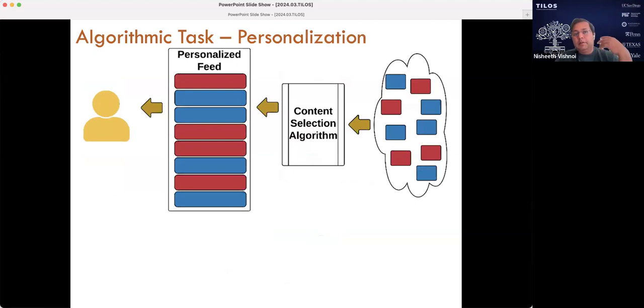Something that has been driving a lot of content on the web is what is called personalization. Now here, the idea is, again, using an optimization algorithm, a content selection algorithm creates a personalized feed for a user. And the user is restricted to provide a very limited amount of feedback to the algorithm.